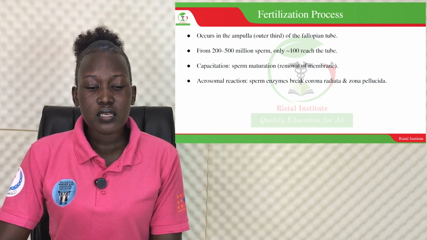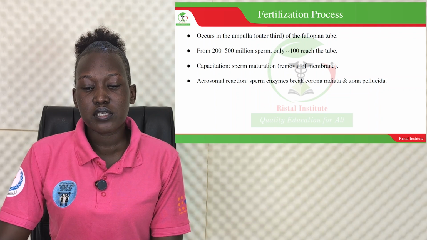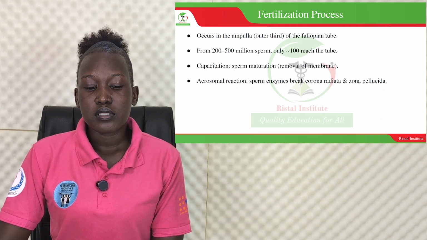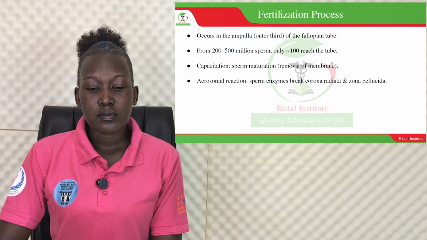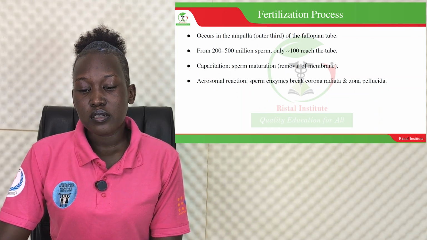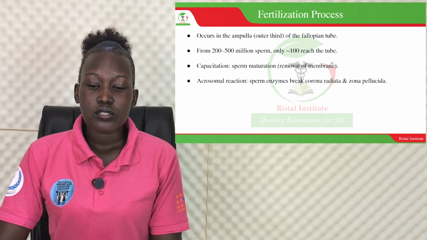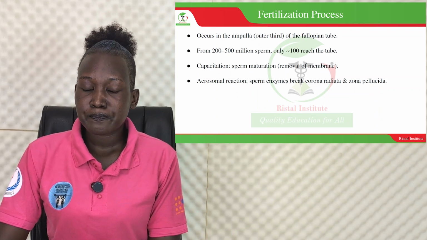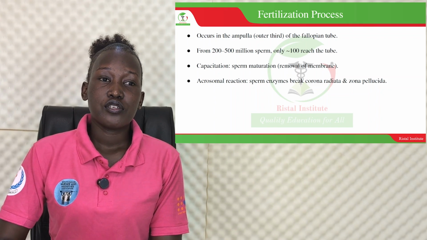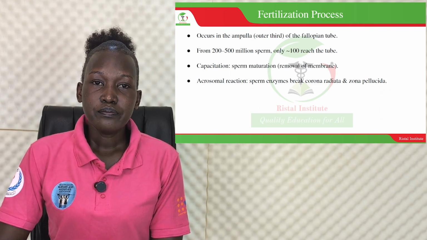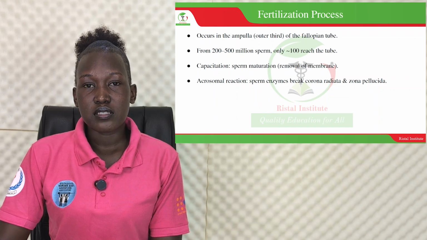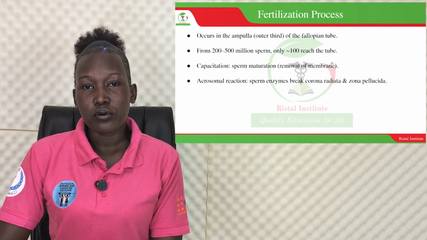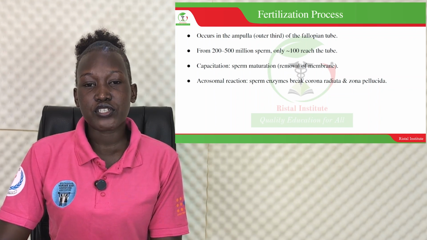Then there is another reaction called the acrosome reaction, where the sperm enzymes break the corona radiata and the zona pellucida. The corona radiata is the outermost shell of the egg. The sperm releases some enzymes that allow the egg to be permeable, or easily penetrated.